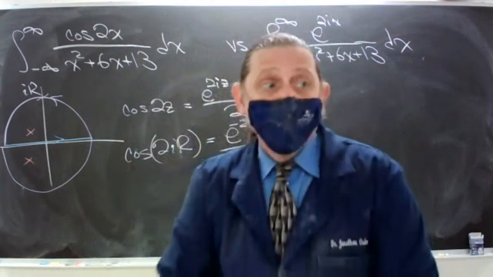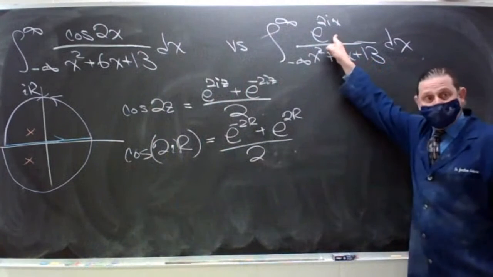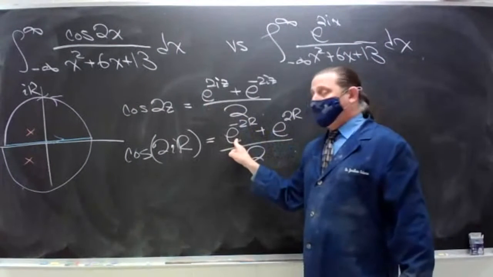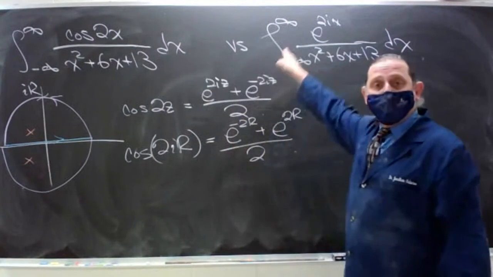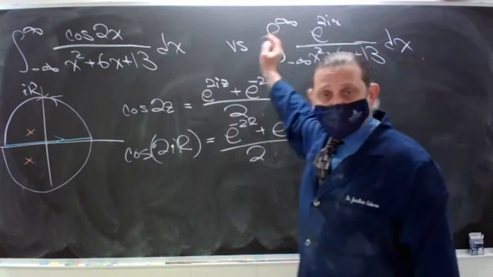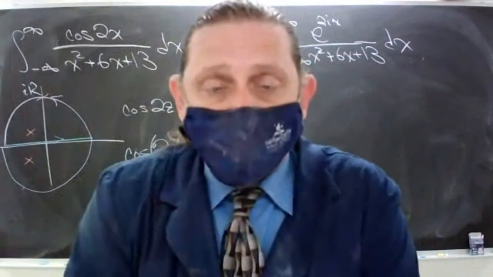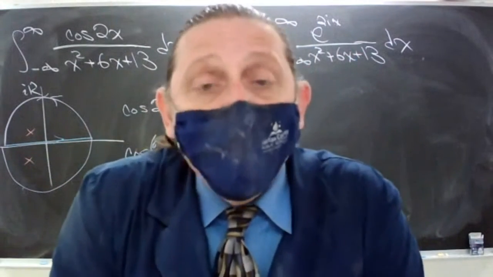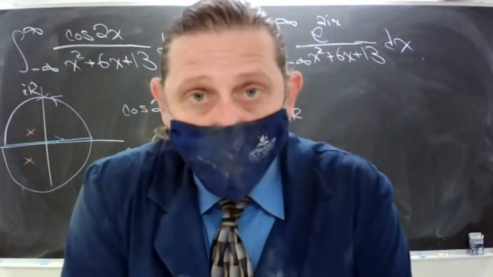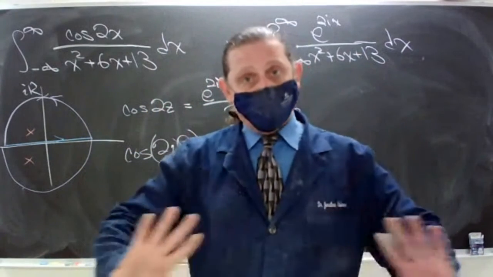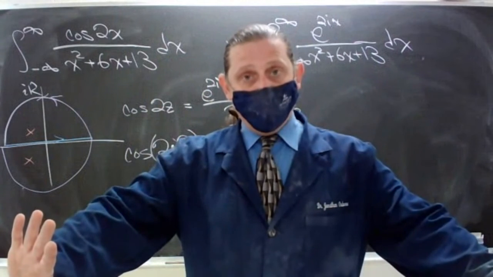Not so for e to the 2iz. e to the 2iz only has this term. So that means that this integrand can be integrated along the semicircle in the upper half plane, and we can rest assured that that semicircle will go to 0 as R goes to infinity.